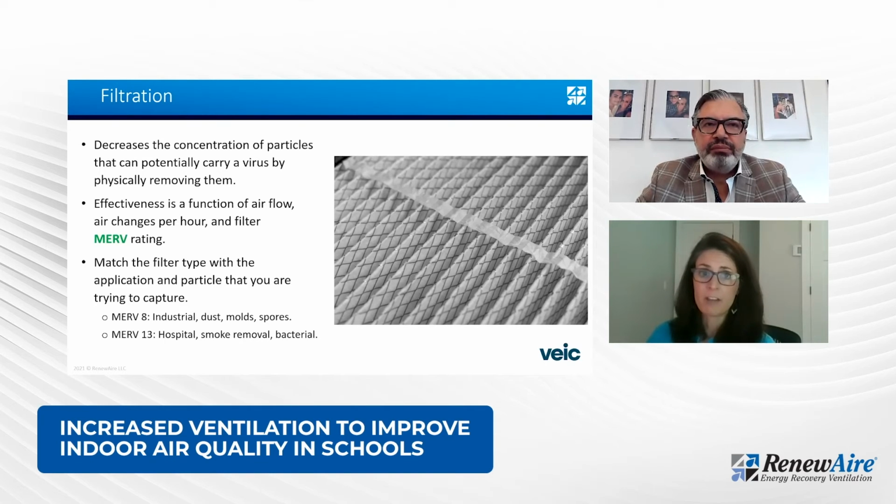Most of the filters that I saw in existing HVAC equipment were about MERV 8, or MERV 7 or 8, I'd say, is probably the average of what I saw. And those are great filters. Those are designed for a specific purpose, to take out particles like dust, mold, and spores.